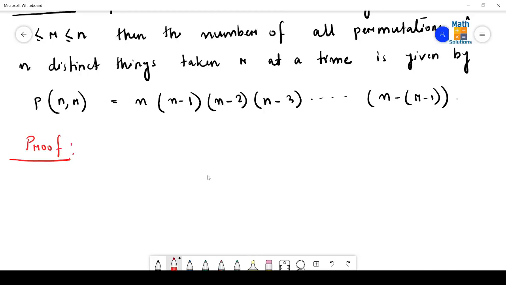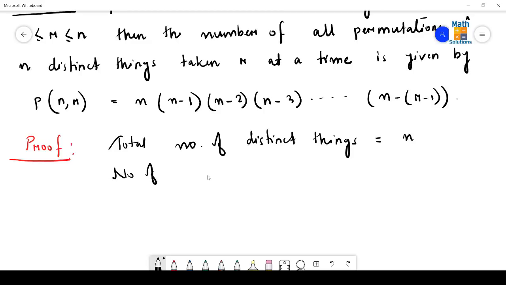So here, first of all, I shall mention that total number of distinct things is equal to n. Number of things to be selected at a time is equal to r.